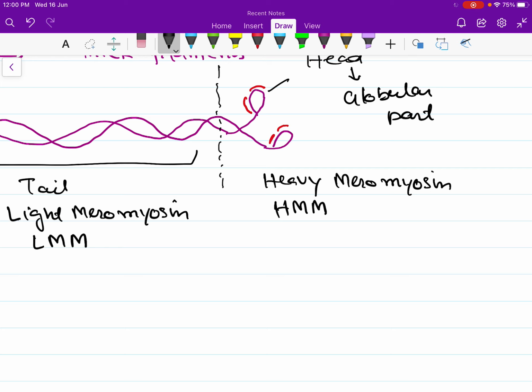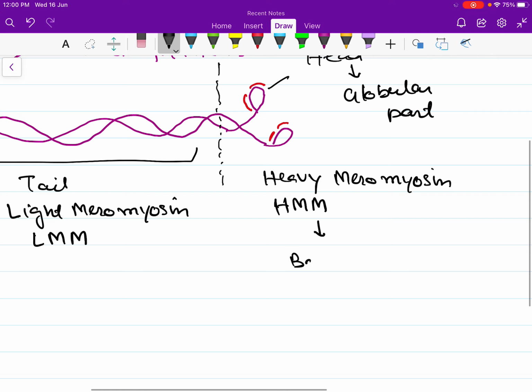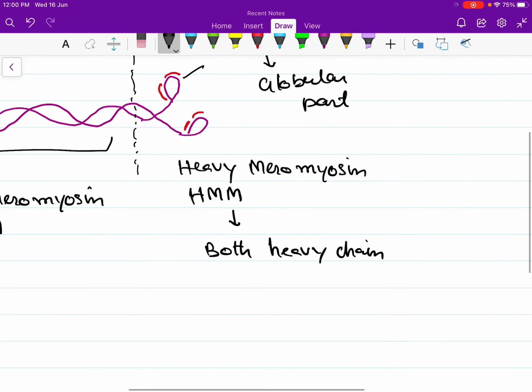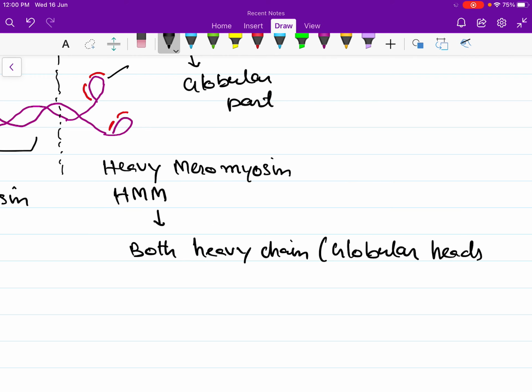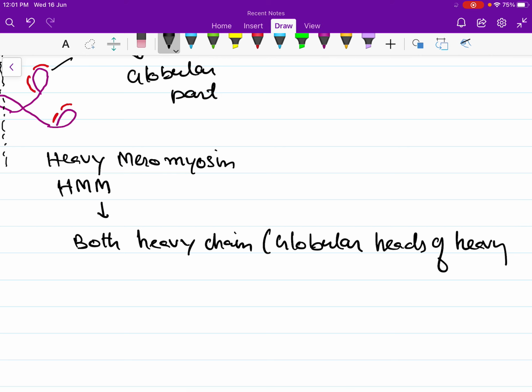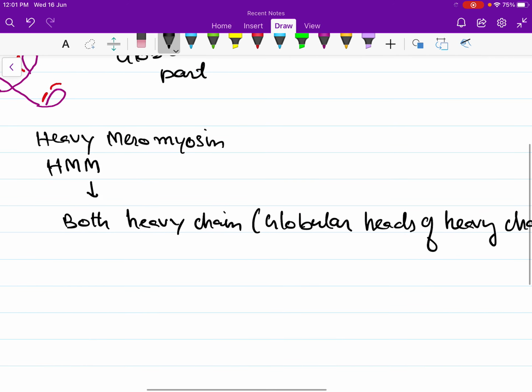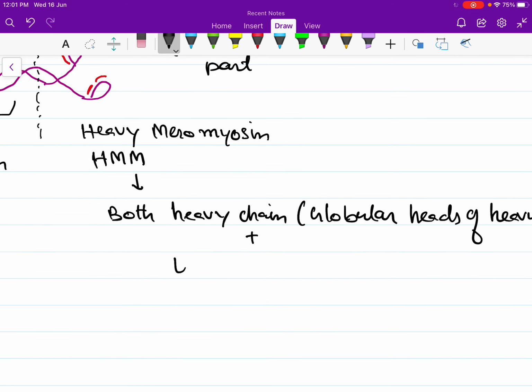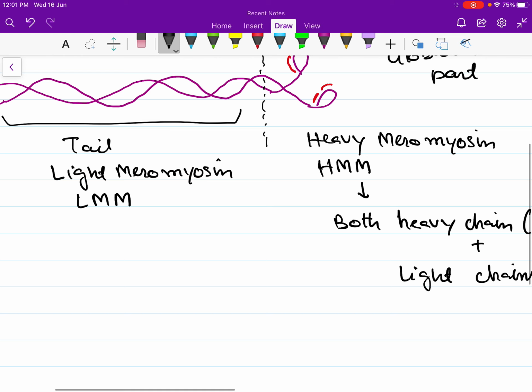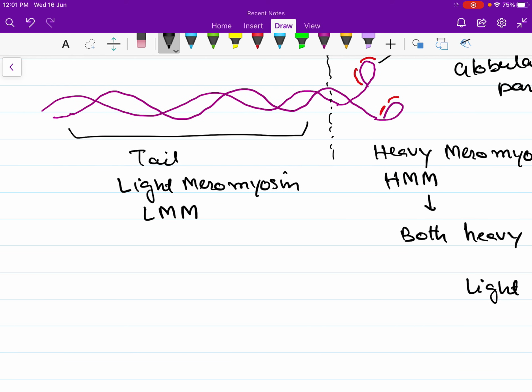It is formed of the globular heads of heavy chains, plus there are present the light polypeptide chains, while light myosin is formed of only heavy chains.